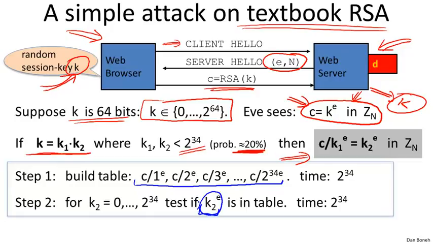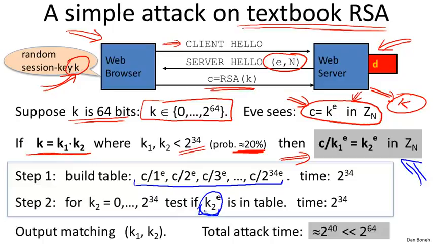And if it is, then we found a collision, and basically we have a solution to this equation. So as soon as we find an element of the form K2 to the E that lives in the table that we built in step 1, we've solved this equation and we found K1 and K2. And of course, once we found K1 and K2, we can easily recover K simply by multiplying them. So then we multiply K1 and K2 and we get the secret key K.